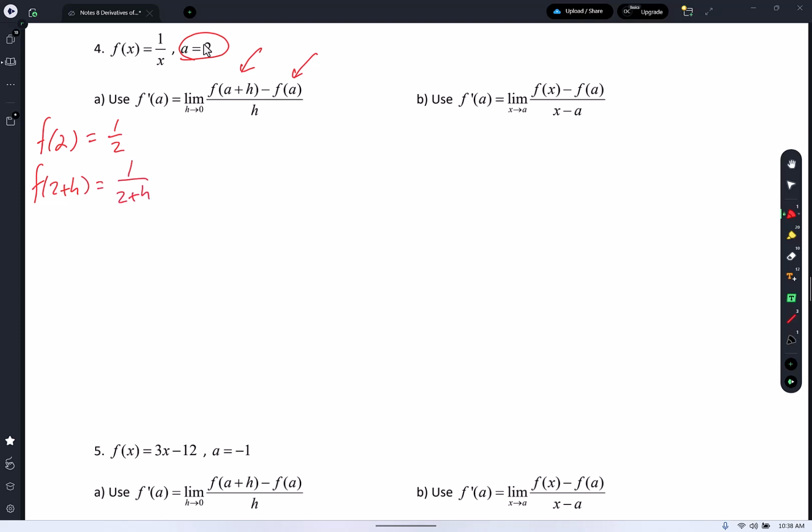So all you're doing is finding the slope at x equals 2. So it first wants me to use this formula. I'm going to go f prime of 2 equals limit as h approaches 0. And what's f of 2 plus h? It's this guy right here. 1 over 2 plus h minus f of a, which is just 1 over 2. All this over h.